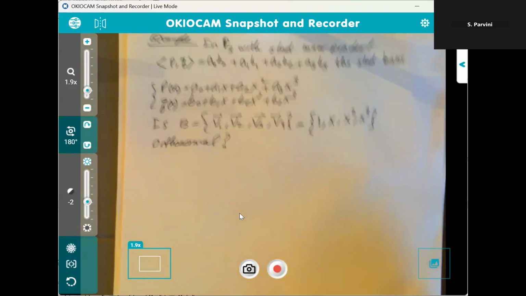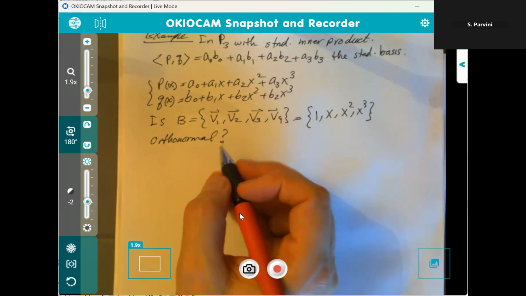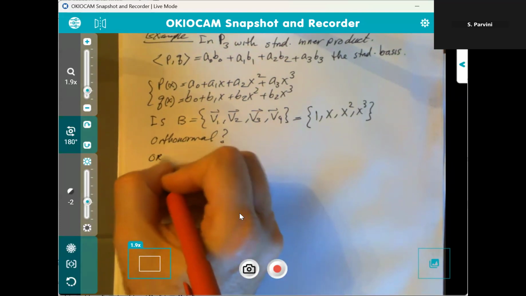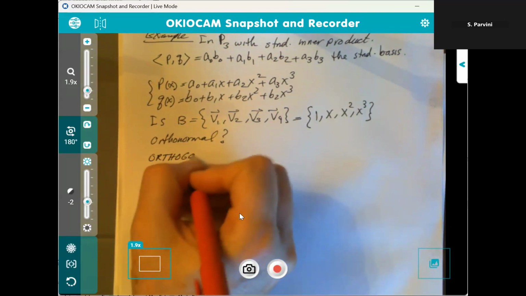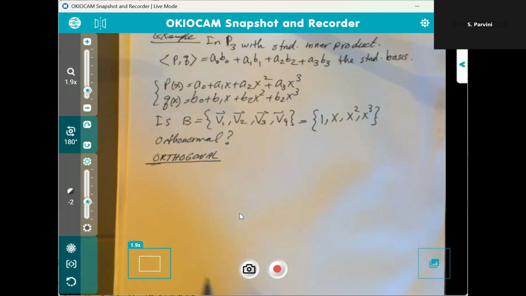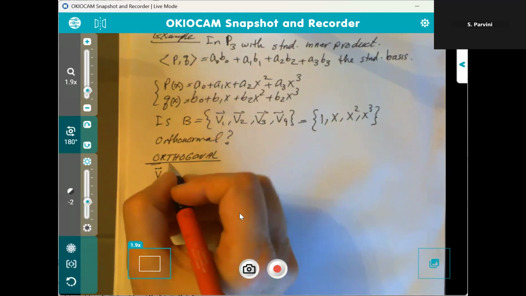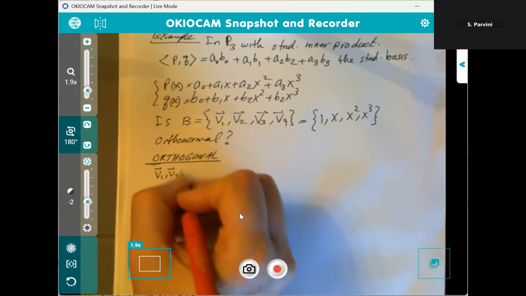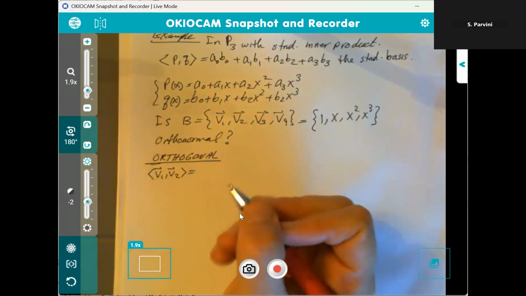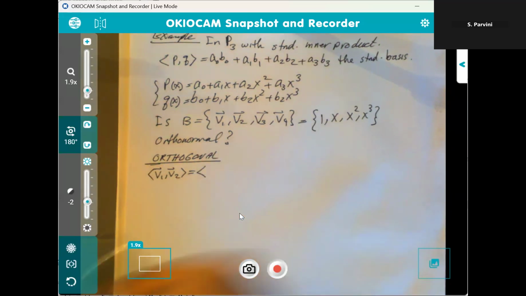So here we go. First, the answer to orthogonality. Let's check orthogonal first. To be orthogonal, for instance, I'm going to look at the inner product of V1, V2. What does that mean? Well, V1, remember, is 1. That's our first vector.